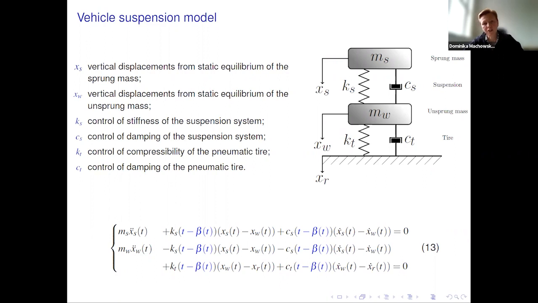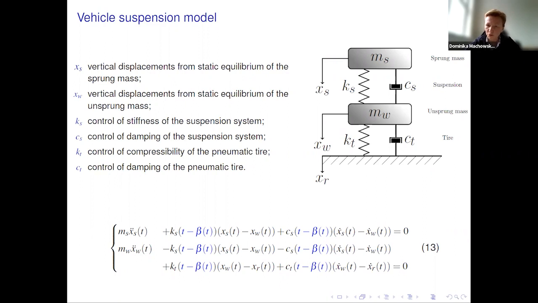They assume that the stiffness and the damping are constant. Our idea is that we want to go one step ahead. So what if we assume that the stiffness and the damping can change over time? This is the new idea.